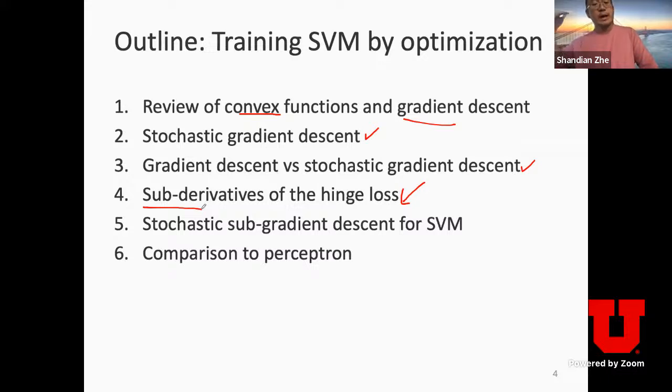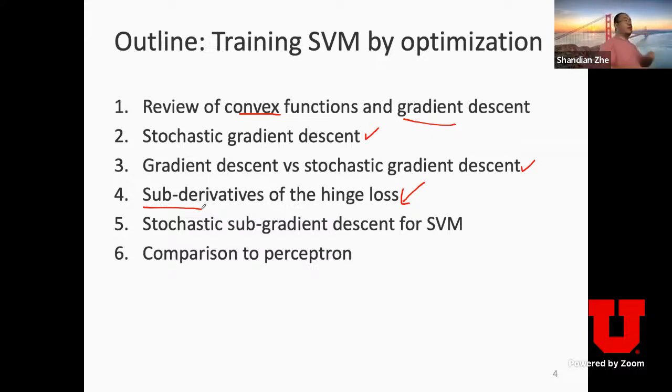And we're going to use sub-derivatives as a substitute for derivatives to conduct stochastic gradient descent. And finally, we're going to compare our learning algorithm with the perceptron algorithm we discussed previously.